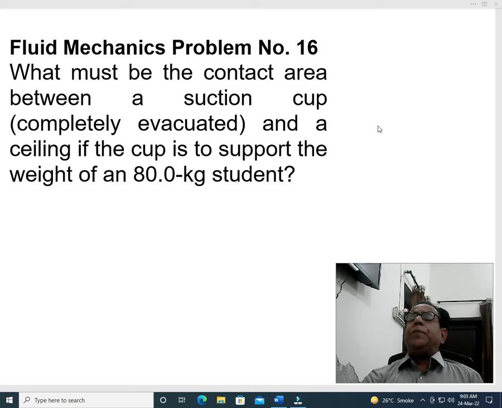Okay, we will take a standard atmospheric pressure. So pressure P will become equal to mg over A.